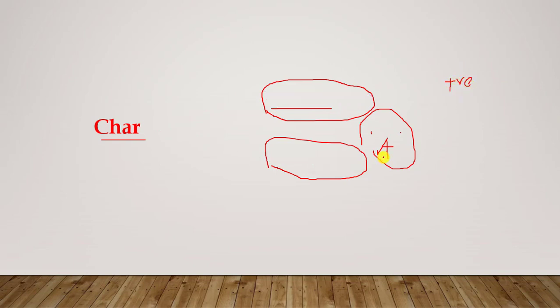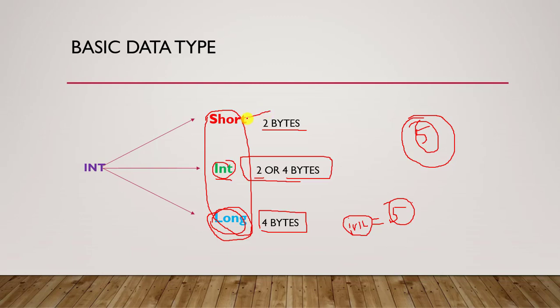Even in the previous one, this short will be divided into 2 types. This one is signed, this one is unsigned. So what is the difference between signed and unsigned? For example, you can declare the variable as signed int, and the variable name is A. When you declare the data type as signed, what does it mean?